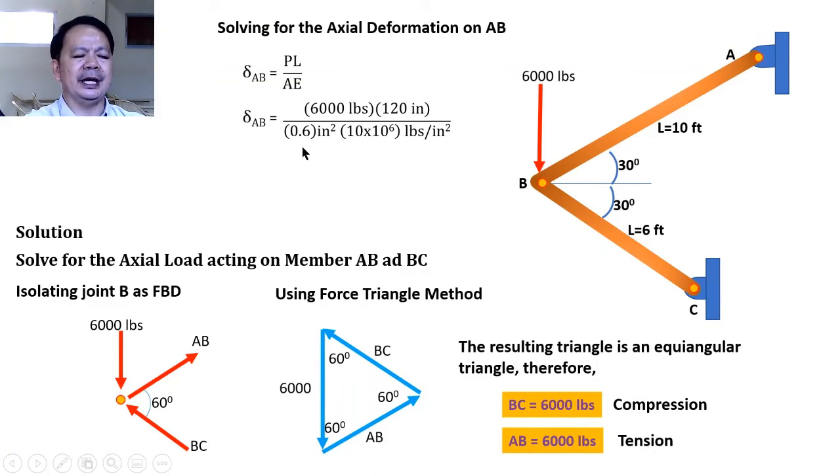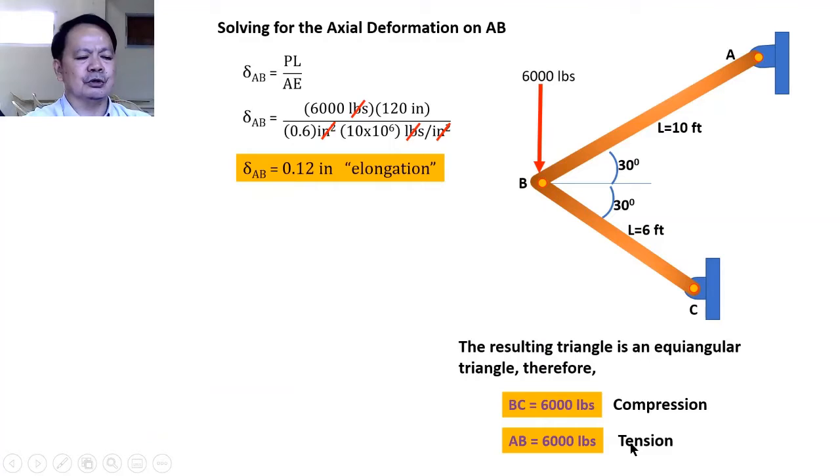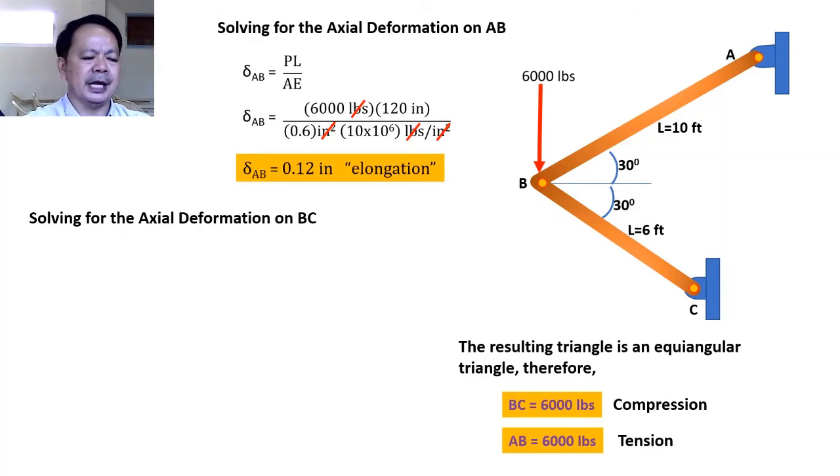Then I have here the area of 0.6 inch square and the modulus of elasticity of 10 times 10 to the 6 pounds per square inch. PSI is pounds per square inch. You will notice that in this equation, pounds will cancel as well as inches square will cancel, and the resulting unit is inch, and the value of which is equal to 0.12 inch, and that is an elongation.